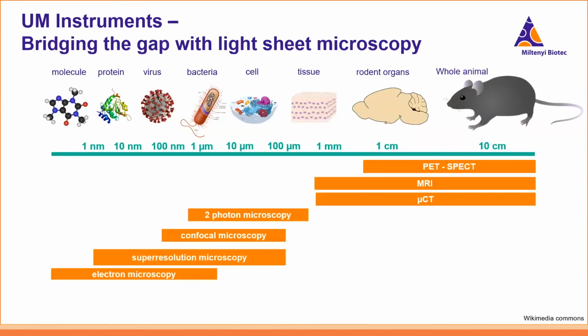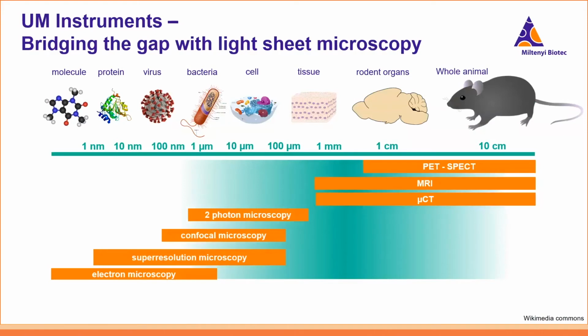But what if we want to study let's say drug targeting at the cellular level in an entire organ? How can we go about imaging an organ at high resolution without having to section it? The answer here lies in the combination of tissue clearing that Marcus presented and light sheet microscopy that unlocks huge potential and bridges the gap between all these techniques, therefore providing us large-scale imaging at cellular and even subcellular resolution.